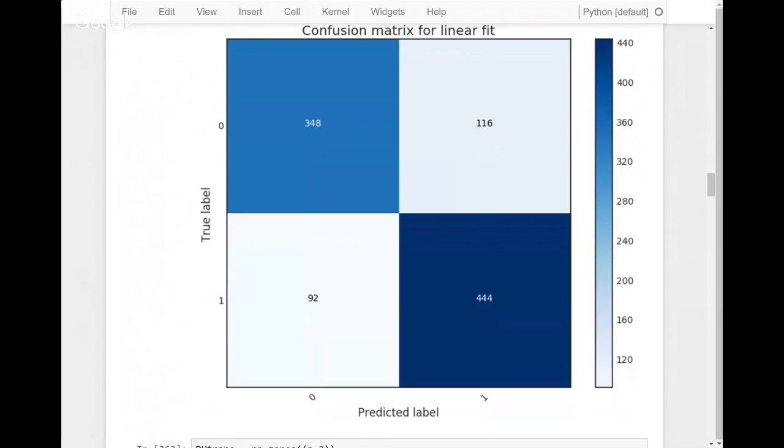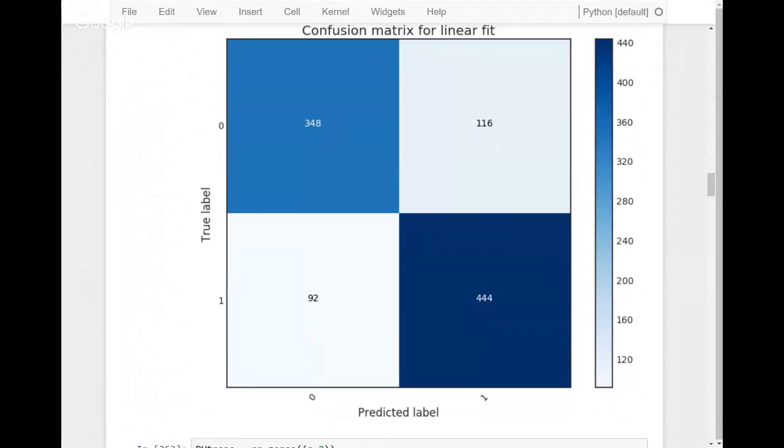So this is doing quite poorly. The proportion of correctly labeled data points is something like 80%. Of course, it's because there isn't a good linear separator for this data set.